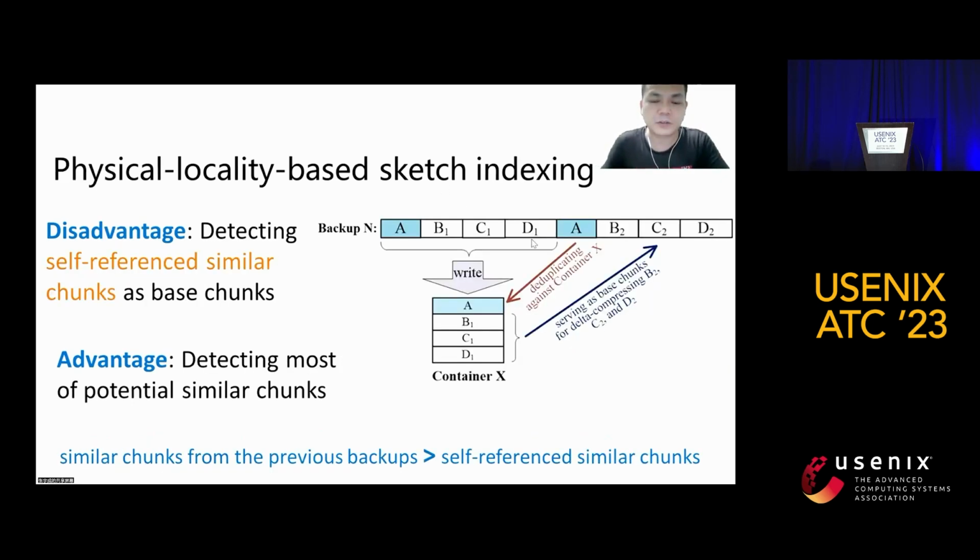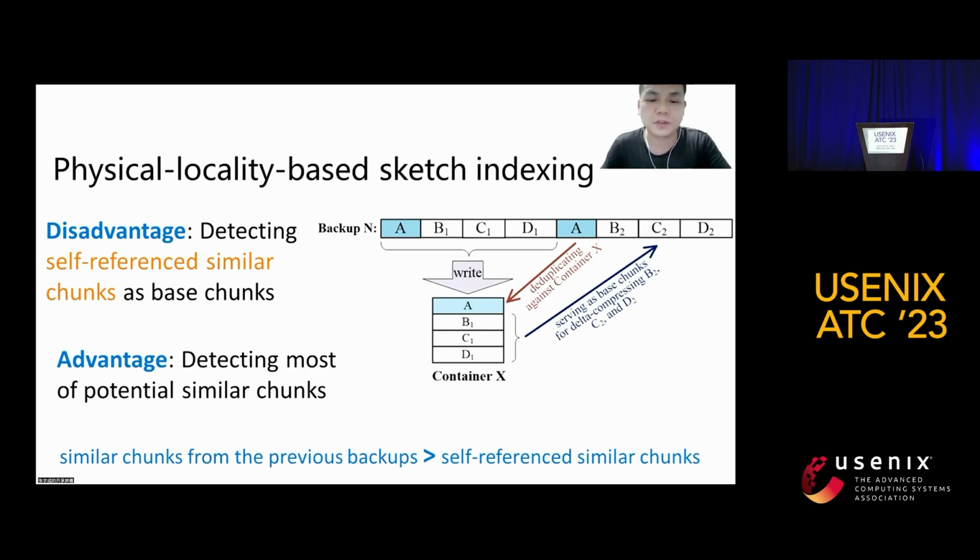The second category is physical locality-based sketch indexing techniques that index sketches of the data chunks stored alongside the duplicate chunks. A drawback of this category of techniques is that they may detect self-referenced similar chunks as base chunks. Self-referenced similar chunks refers to similar chunks that appear within the same backup.